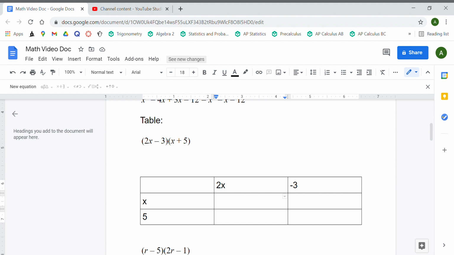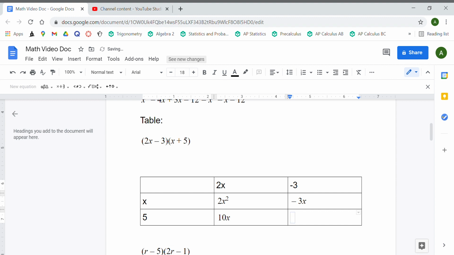This cell represents 2x times x, which equals 2x squared. Here it's negative 3 times x, which is going to be negative 3x. And then here's 2x times 5, which is going to be 10x.